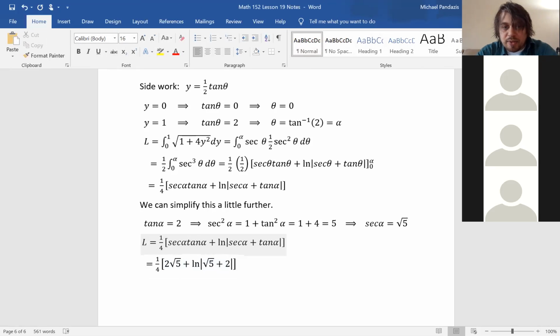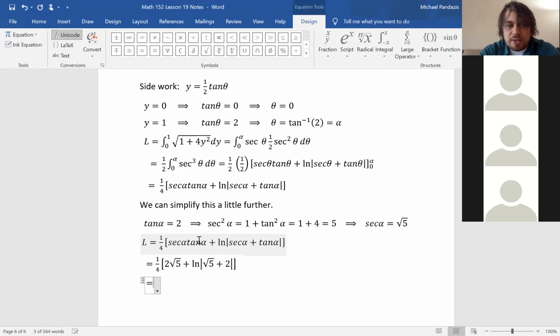Okay, but you're multiplying that whole thing by 1/4. So you can simplify this further. 2 times 1/4 is 1/2, to get the square root of 5 divided by 2 plus ln of the absolute value of the square root of 5 plus 2, that divided by 4.